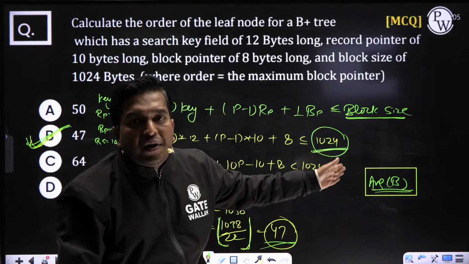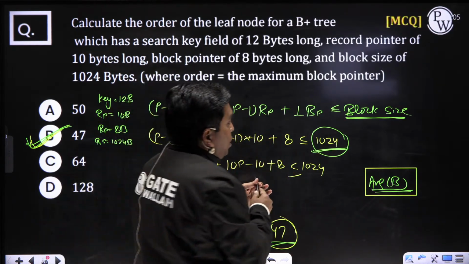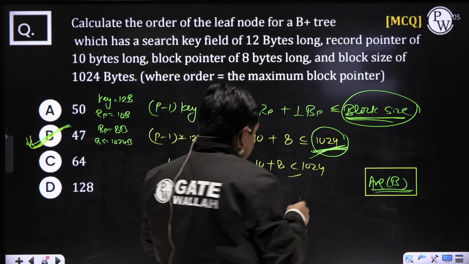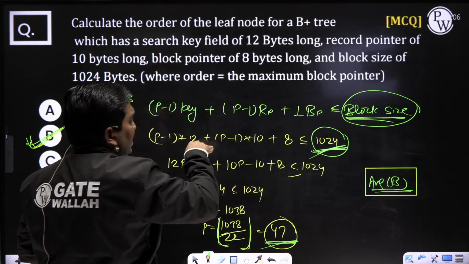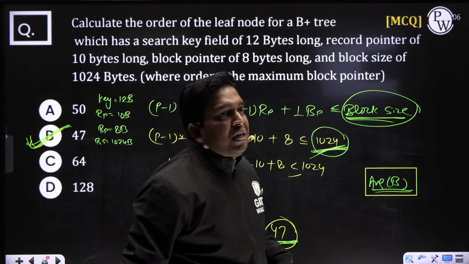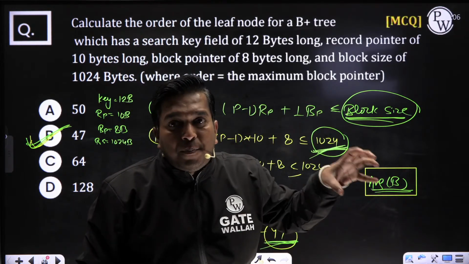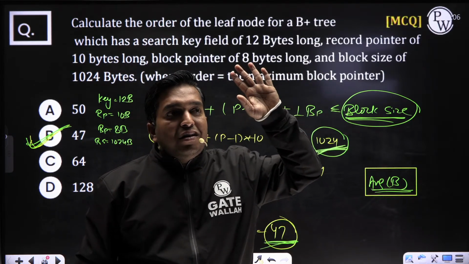You can't accommodate it in one disk block, which has a size of 1024 byte. If you take ceiling 48, the total becomes greater than the block size. That means you are not able to accommodate all this order P data in one block. Clear everyone?